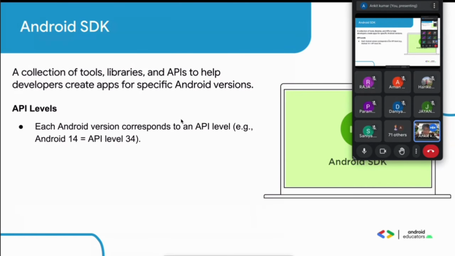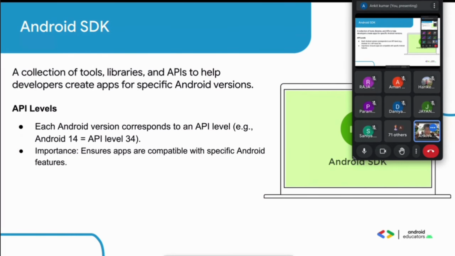So let's say if it's Android 14, the API level will be 34. So there is a difference between the Android version and the API version, which is the Android SDK version. In Android 14 we call it API 34, and if it's Android 13 we call it API 33, right?